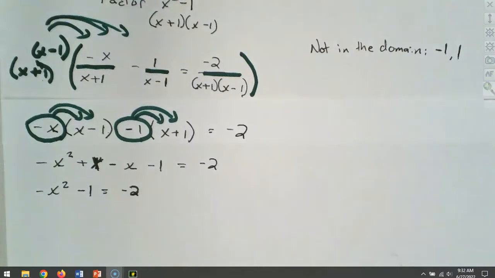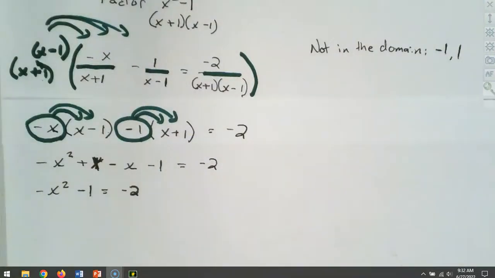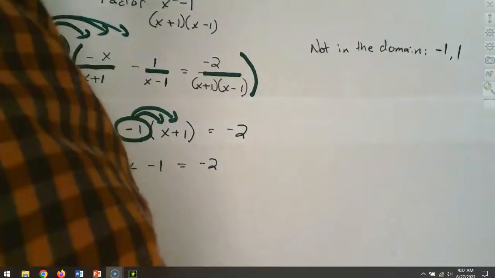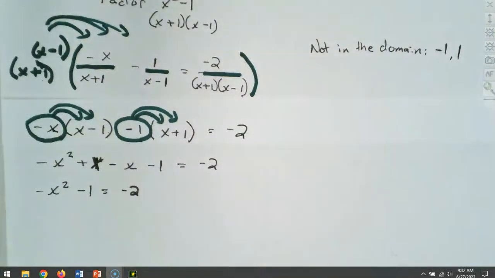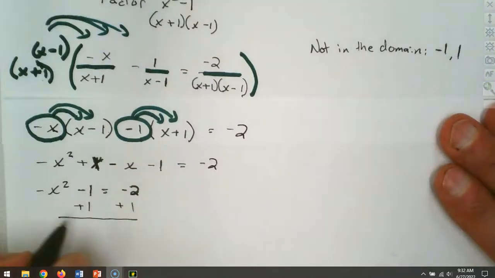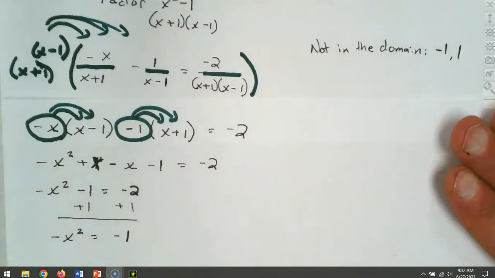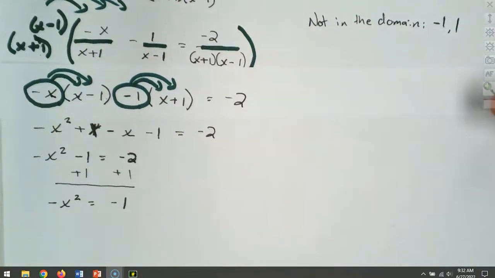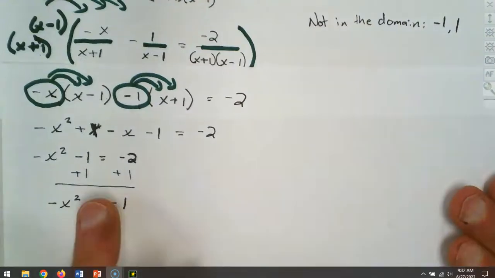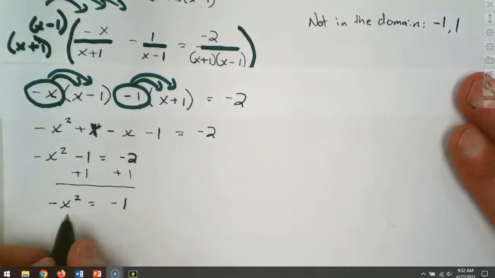And there's only one x, and that one x is squared, so that means we're going to use the square root property. And how do I know that? The only thing I have there is an x squared. So I move that 1 over with addition. And that gives you a minus x squared equals a minus 1. Now, when we take these square roots, we need to think about it like we're solving for x. So if I gave you minus x equals a minus 1, we would want to solve for x, we would divide by a minus 1, right?